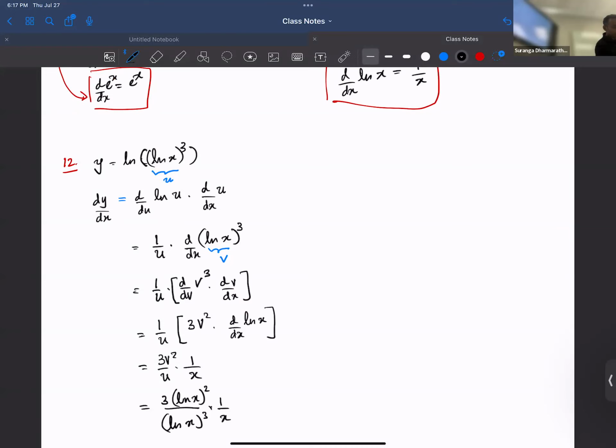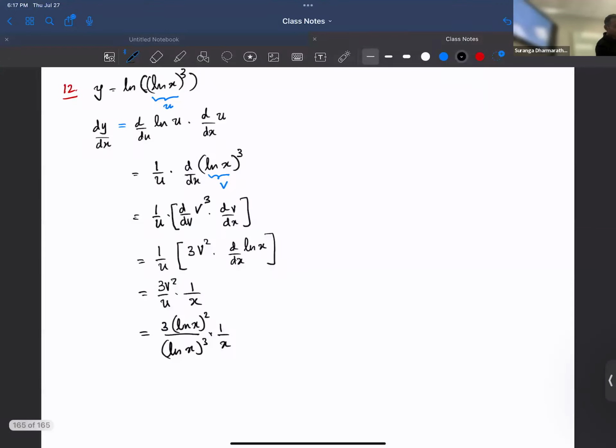So you have 3 divided by natural log of x, times natural log of x, because this cancels to this. Actually, this 1, and then natural log of x remains in the denominator. Does that make sense?